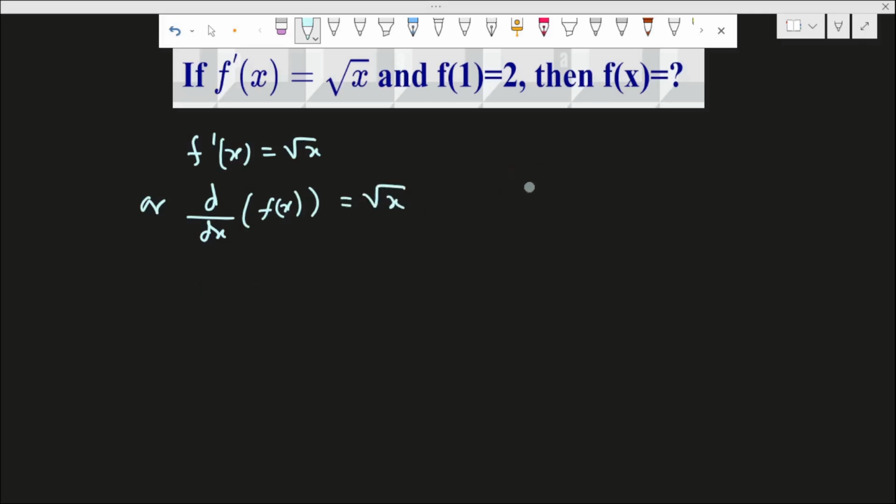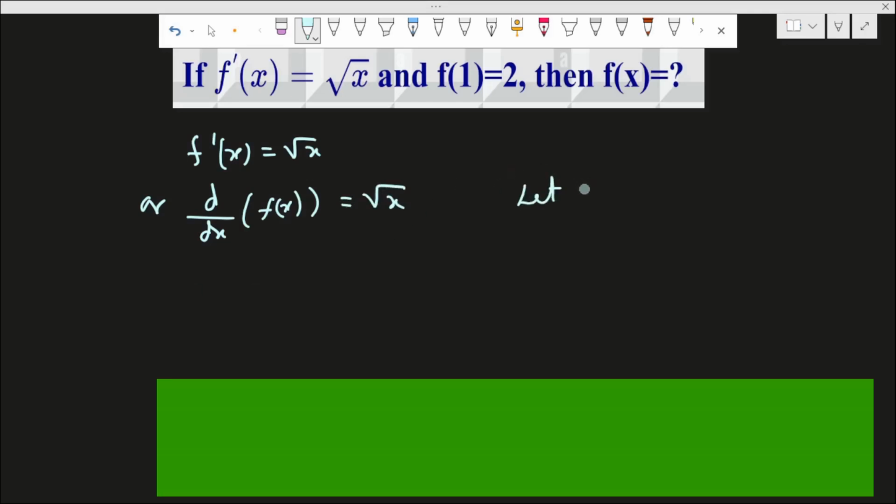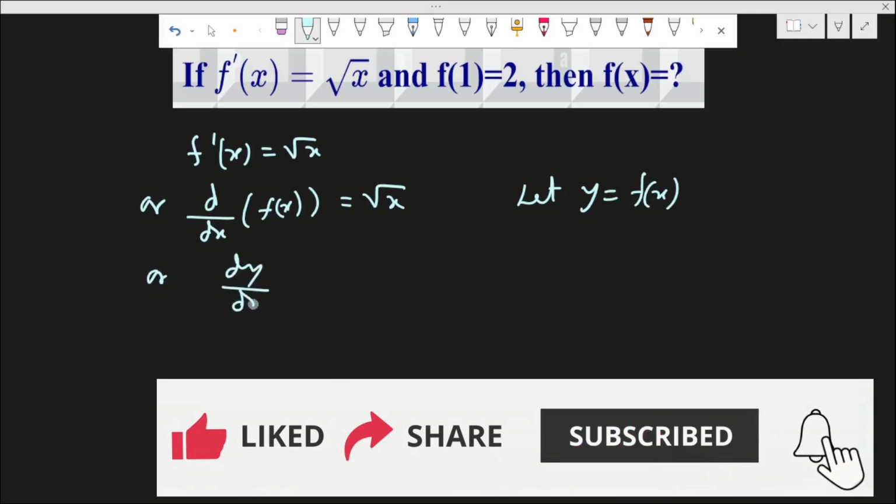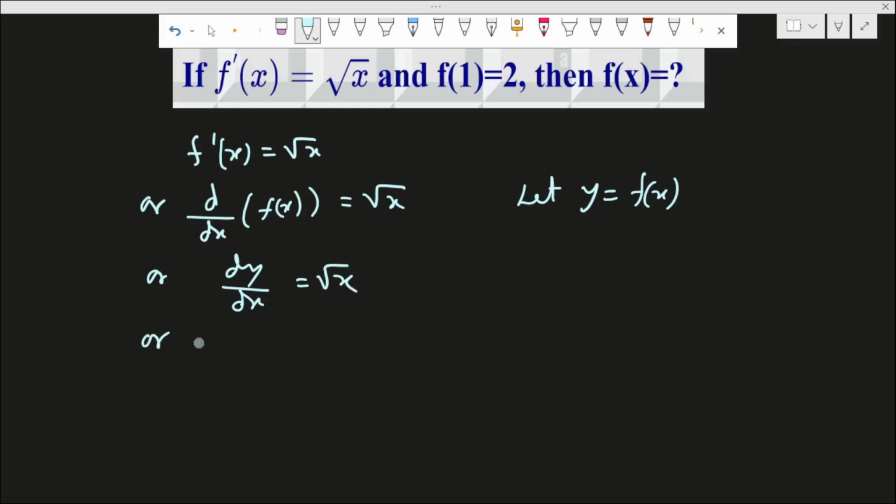If we assume that y is equal to f(x), then it is easy to write dy/dx equal to root x. Now cross multiplying, dy is equal to root x dx.